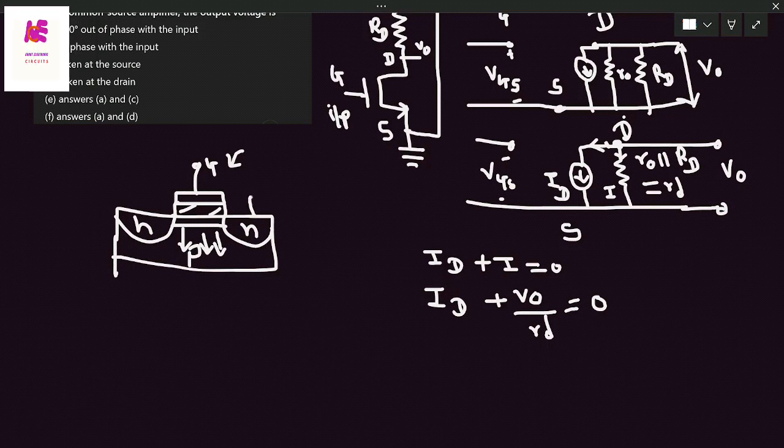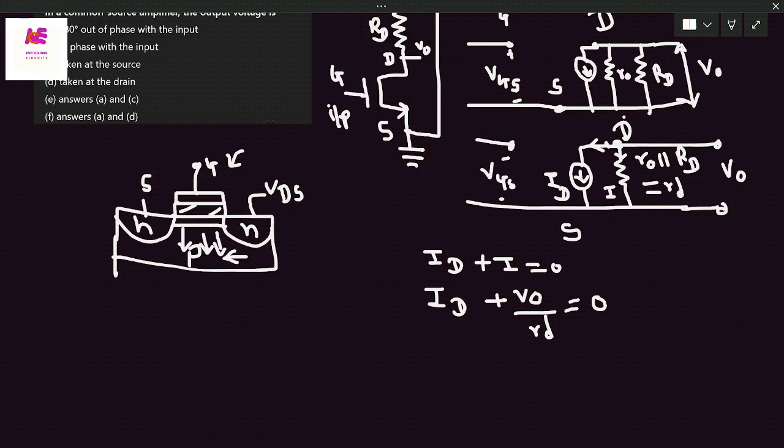And further, if you apply the VDD or VDS voltage here, so this voltage is positive, the drain terminal will attract the electrons from the source. So electrons flow from source to drain, and the current direction is as per the hole direction. So the current direction will be from drain to source, and that is the reason we are taking the drain to source current direction.